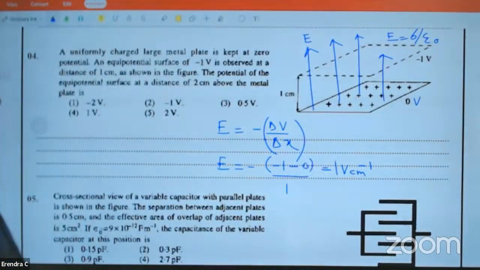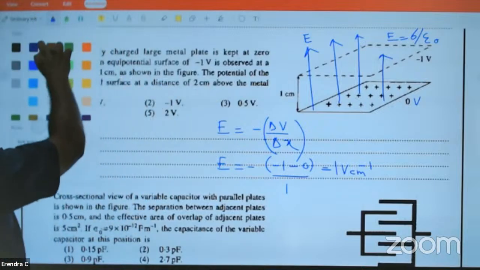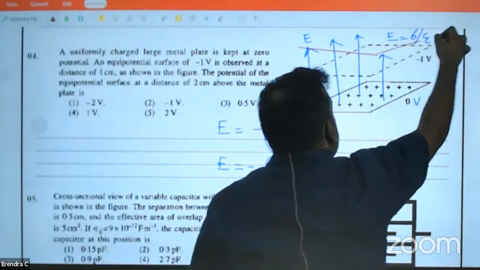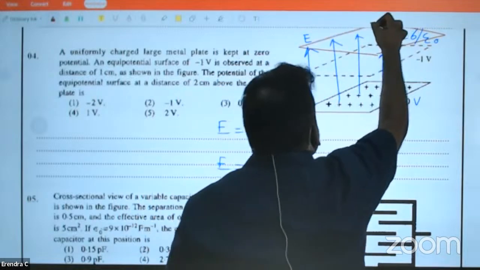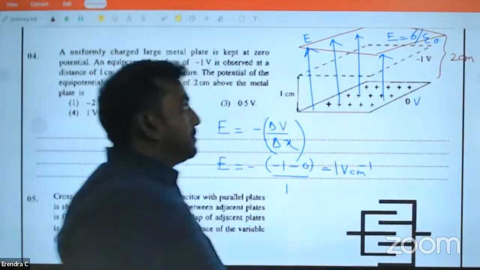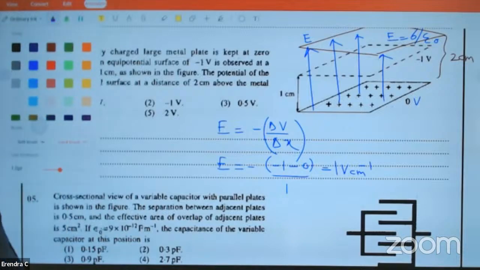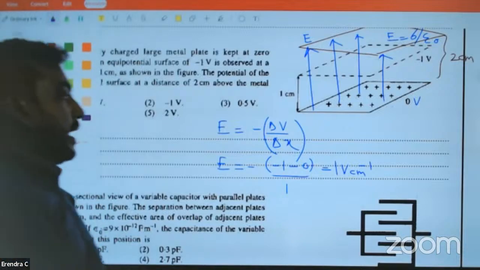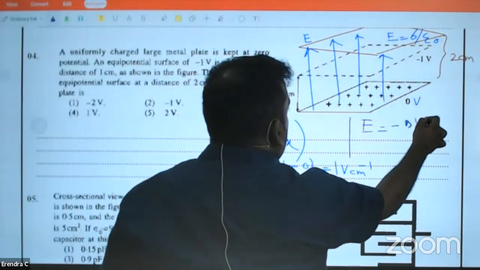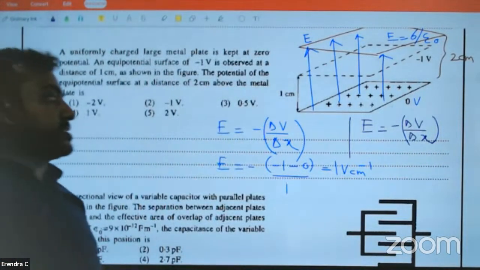What are they asking you? They are asking the equipotential surface 2 centimeters away. 2 centimeters away means somewhere here. So we can apply the same theorem. Electric field strength equals negative potential gradient.